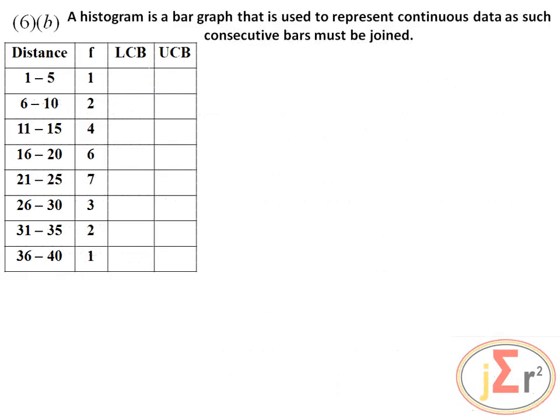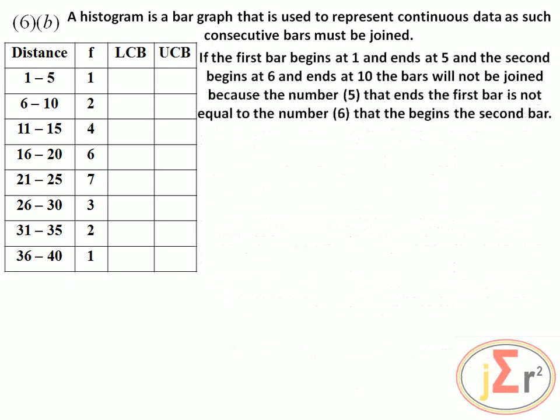A histogram is a bar graph that is used to represent continuous data. As such, consecutive bars must be joined. If the first bar begins at 1 and ends at 5, and the second begins at 6 and ends at 10, the bars will not be joined because the number 5 that ends the first bar is not equal to the number 6 that begins the second bar.